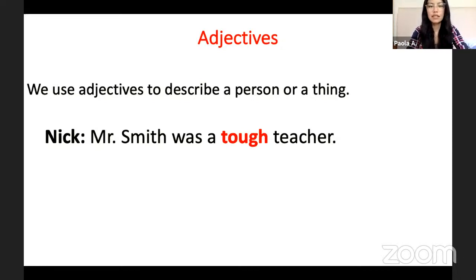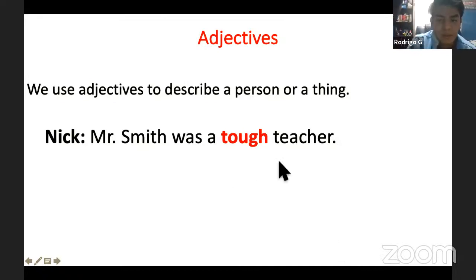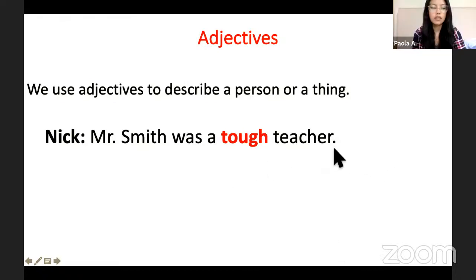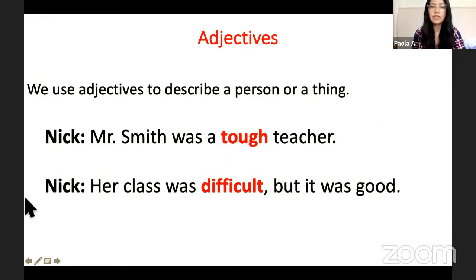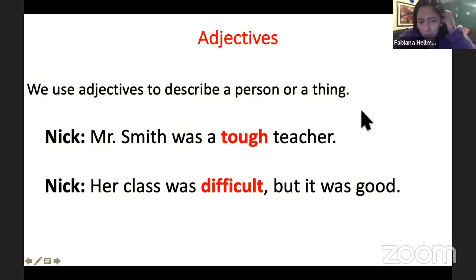Repeat, please, Rodrigo. Tough. One more time. Tough. All right. So Fabiana, could you read the second one, please? Yes, teacher. Her class was difficult, but it was good.